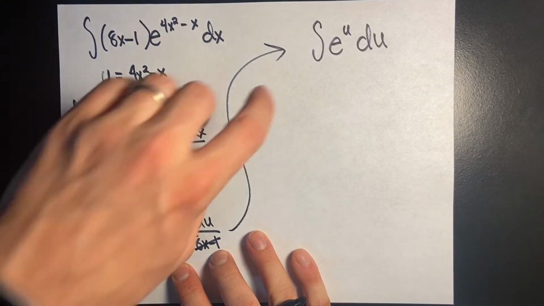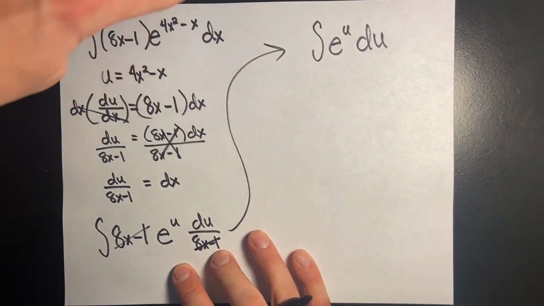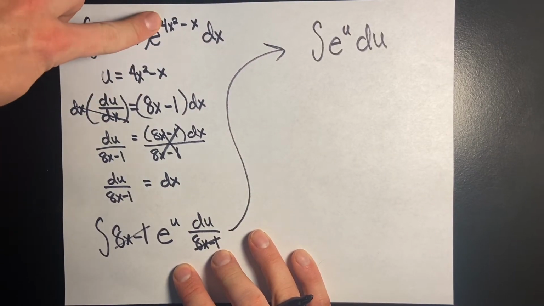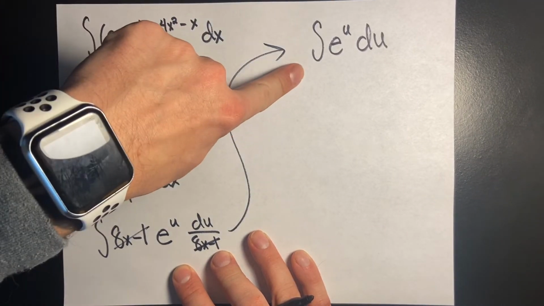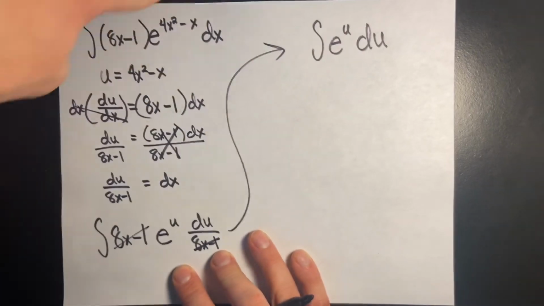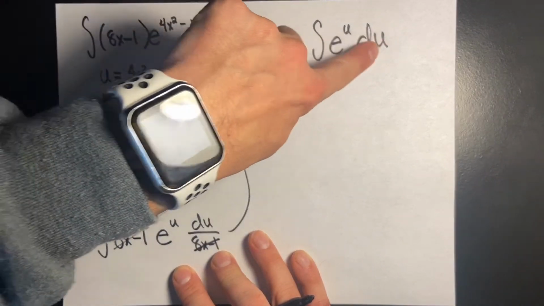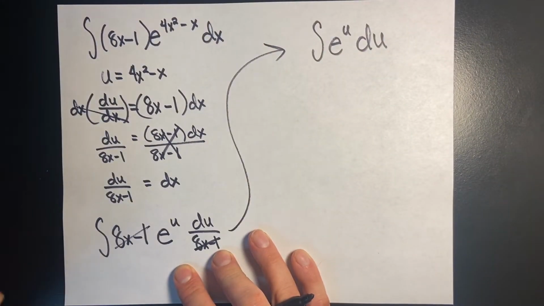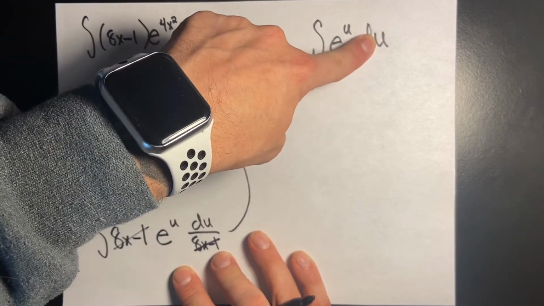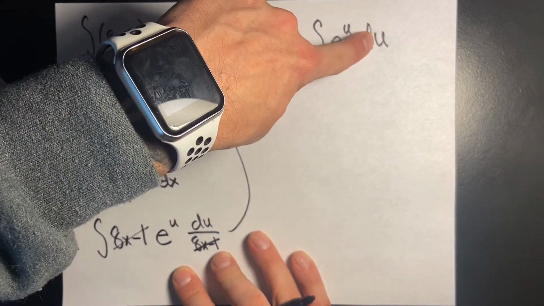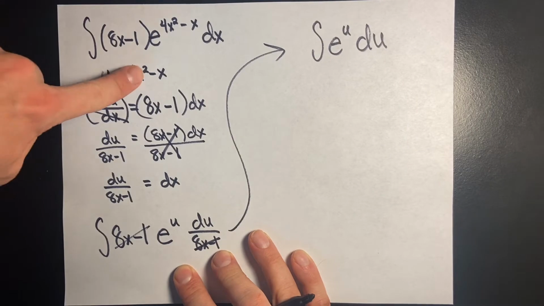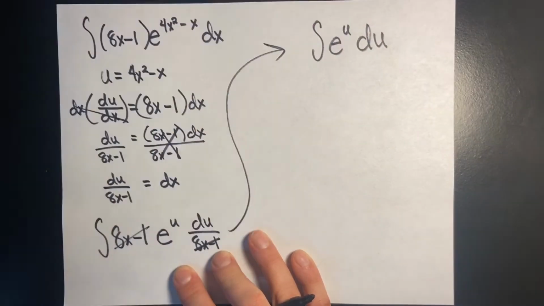Now, if I were to leave that u as 4x squared minus x, and have, say, the integral of e to the 4x squared minus x du, I wouldn't be able to do the problem, because that du says I'm only allowed to integrate with respect to u. But since I changed that to u, now I can do it.